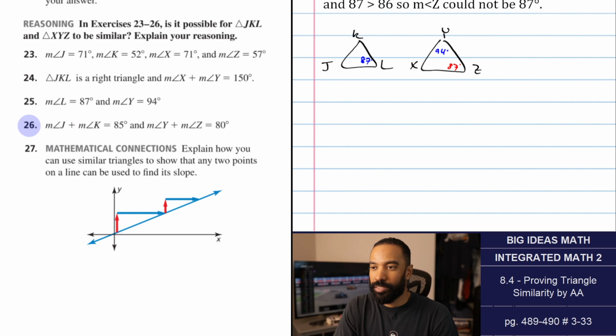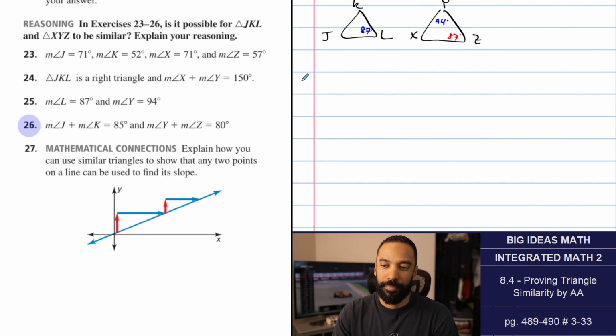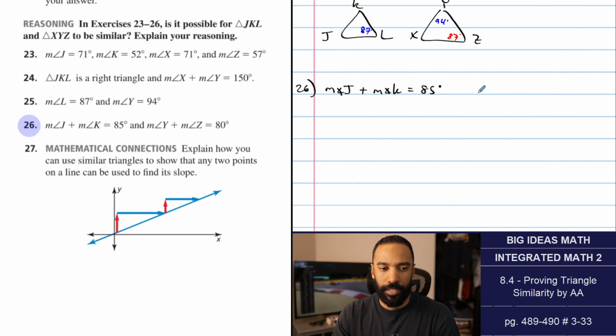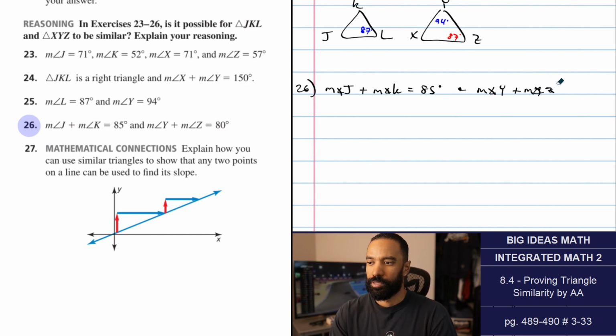Number 26. Measure of angle J plus measure of angle K equals 85 degrees. And measure of angle Y plus measure of angle Z equals 80 degrees.